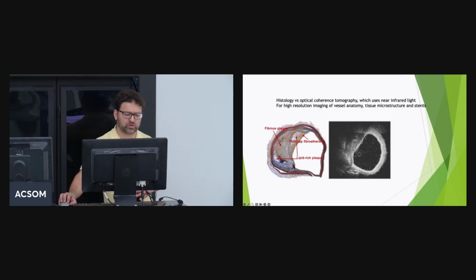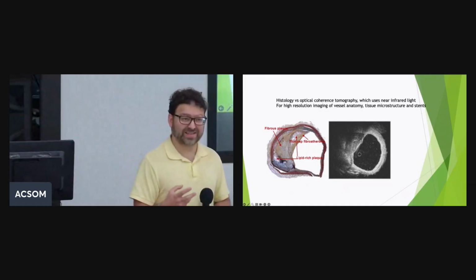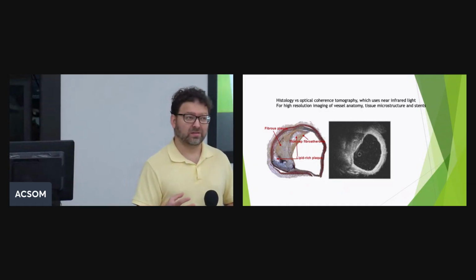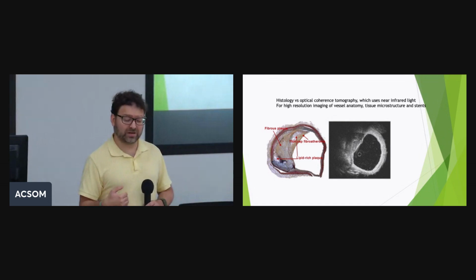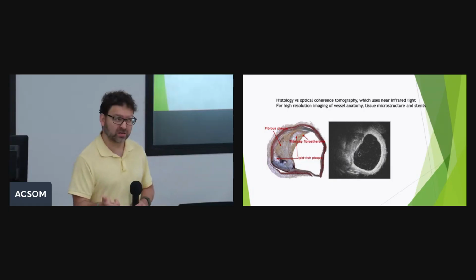When that neck ruptures, contents inside the plaque now become exposed to the blood. And that causes a cascade of events that, as a clinical cardiologist, we try to counteract through medical therapy and intervention.